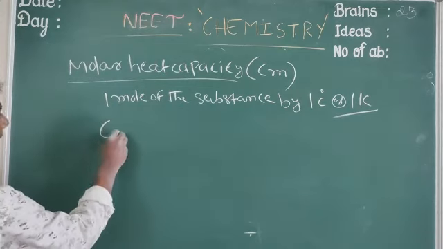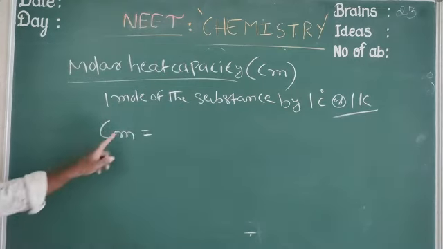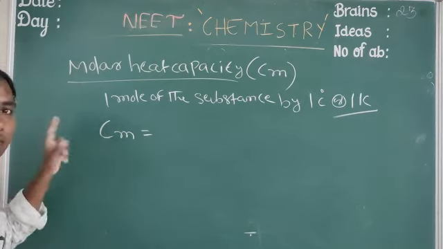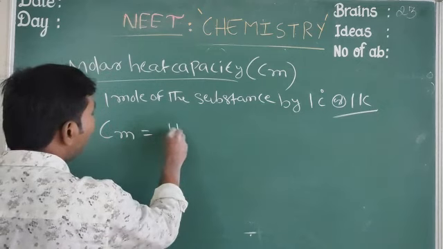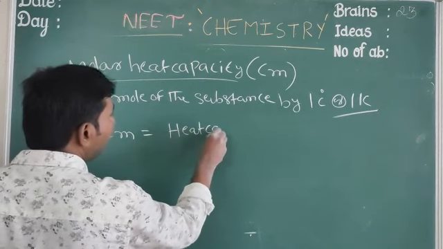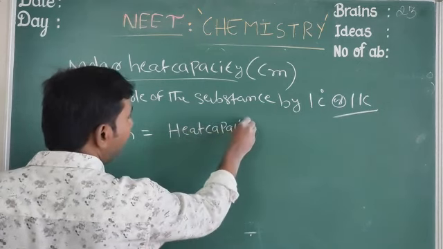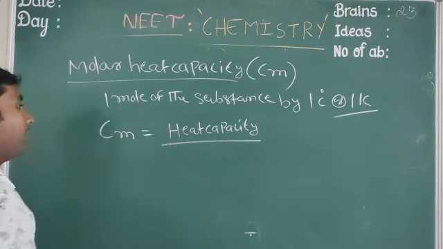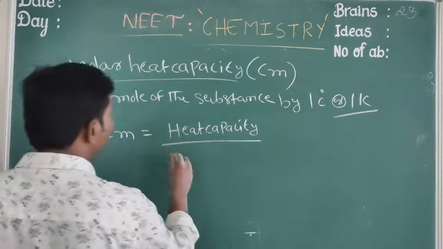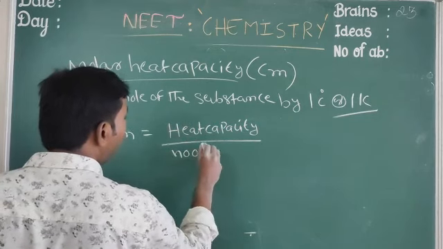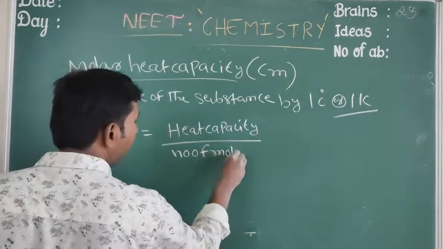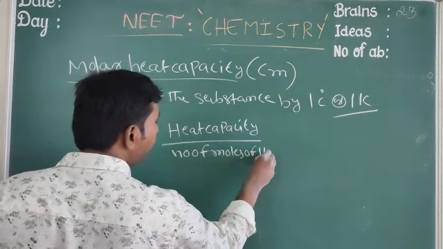So molar heat capacity Cm equal to heat capacity divided by the number of moles of the substance.